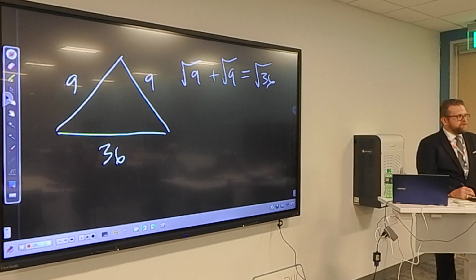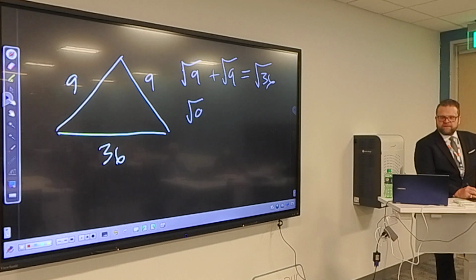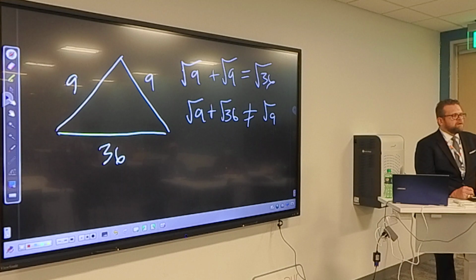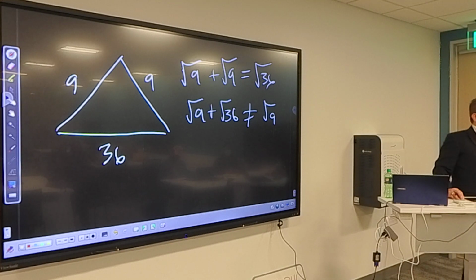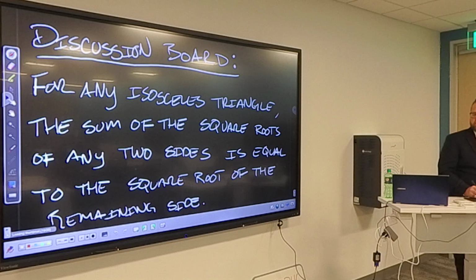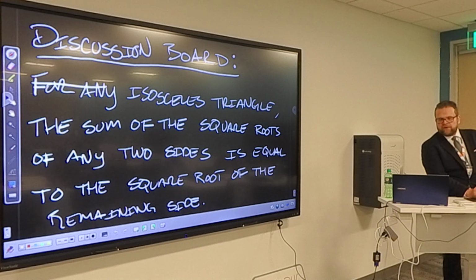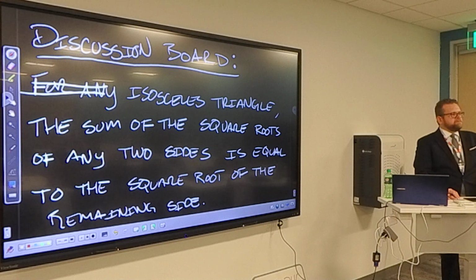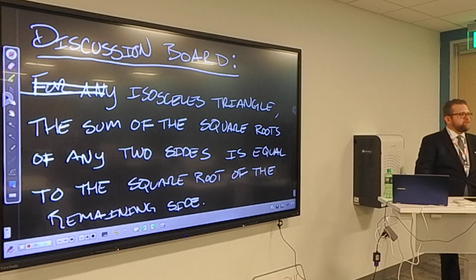However, you can't do it on any two sides, because the square root of 9 plus the square root of 36 is certainly not the square root of 9. So far I've given two counterexamples to the statement. It does not work for any isosceles triangle because I just produced two where it didn't work.